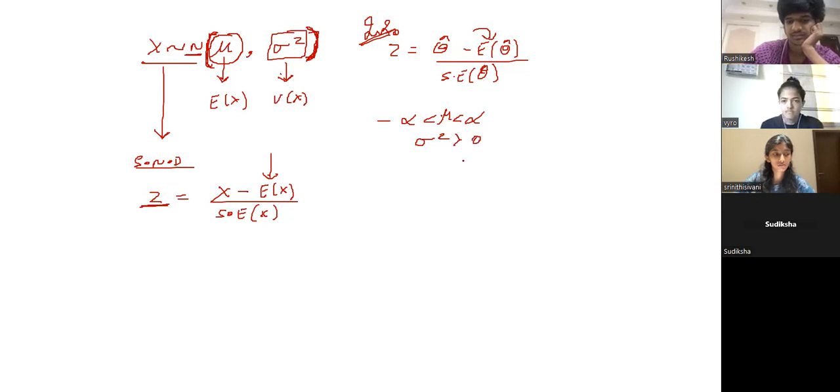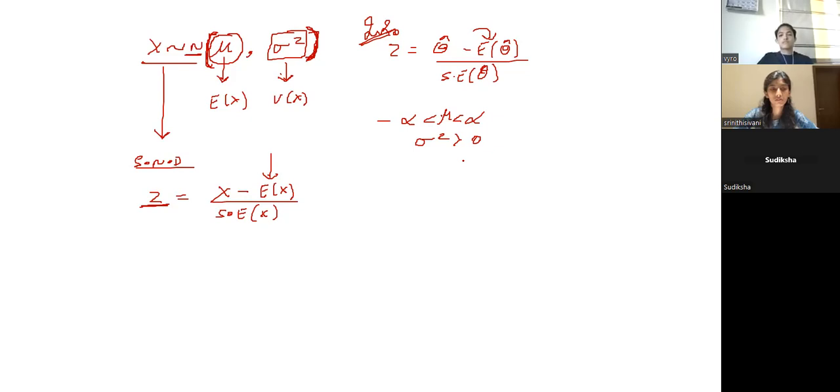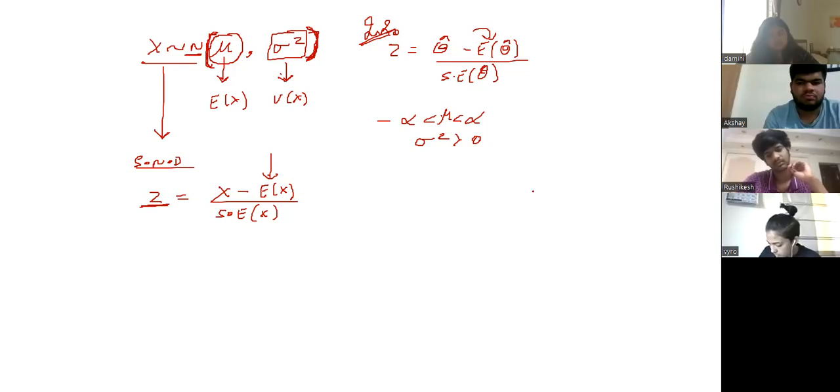So in order to see the table, I'm not sure what my mean and my sigma square are, and since they range from minus infinity to infinity, it is impossible for statisticians to read the value from the table. So we need to convert them into one single mean and one single variance so that we can find the table value very easily.